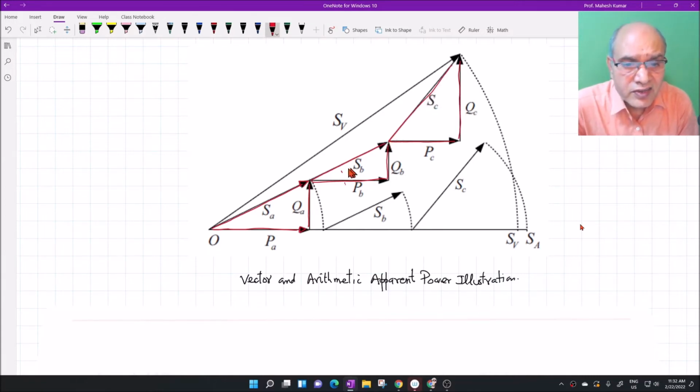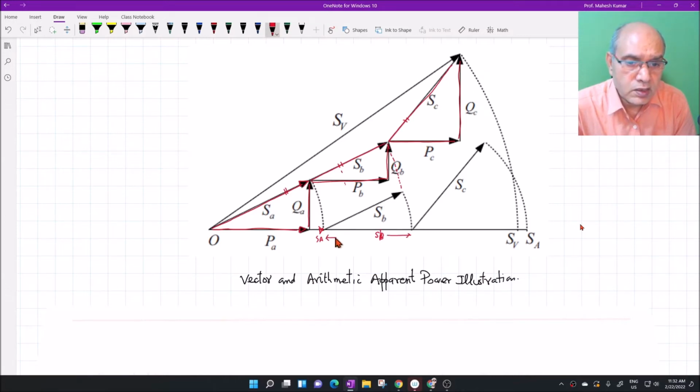Now if I add them together, this plus this plus this, arithmetically, then it becomes the arithmetic apparent power. So I have added this here. This is SA up to this point, and from this to this is SB. So this is SB from this point to this point.